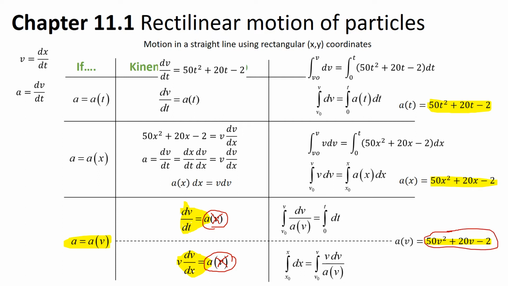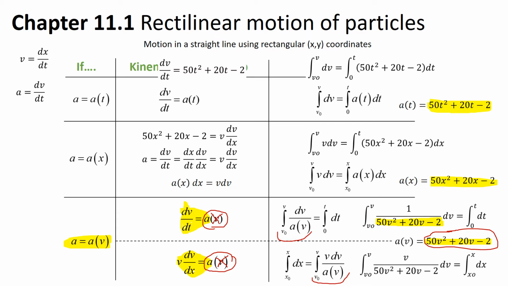Rearranging this, putting all of the velocities on one side for time, or all the velocities on one side versus position. This one ends up being a little bit trickier because you have your equation in the denominator. So these can be a little bit tricky to integrate depending on what kind of a system you have. But this is what it's going to look like.